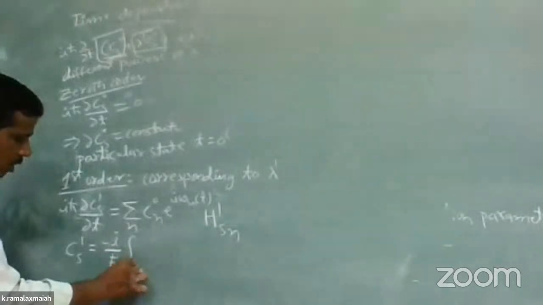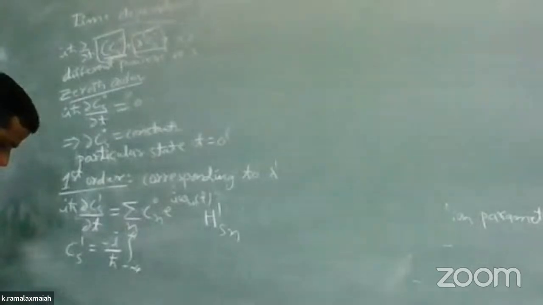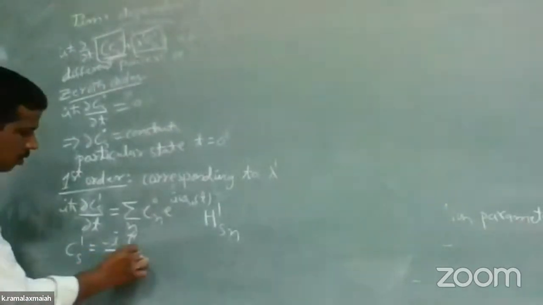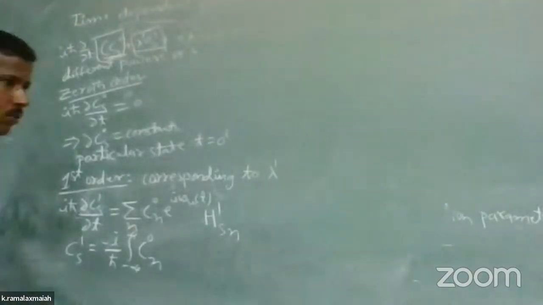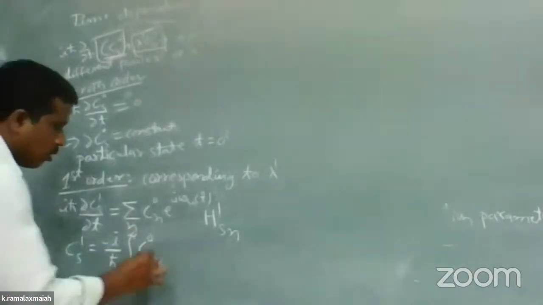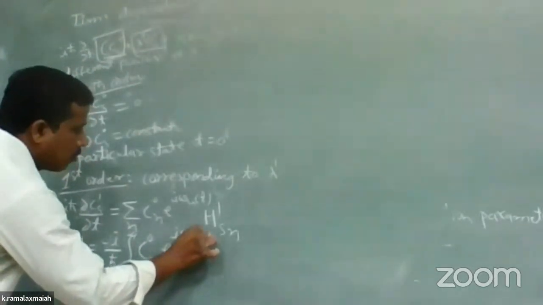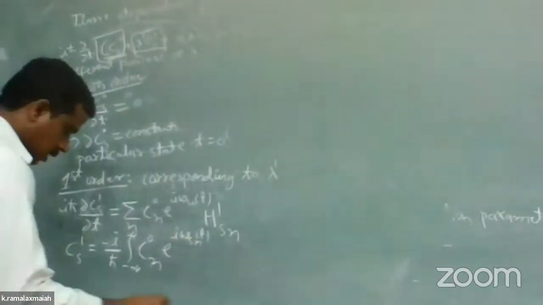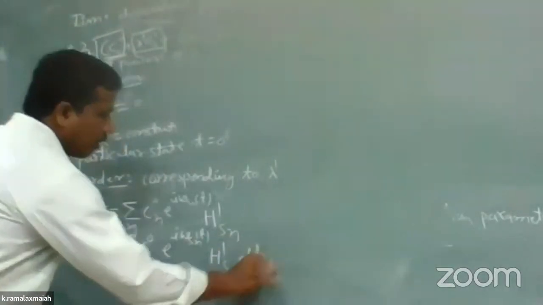Start with the integral from minus infinity to infinity of C_n(0) e^(iω_sn t) H' s_n dt.